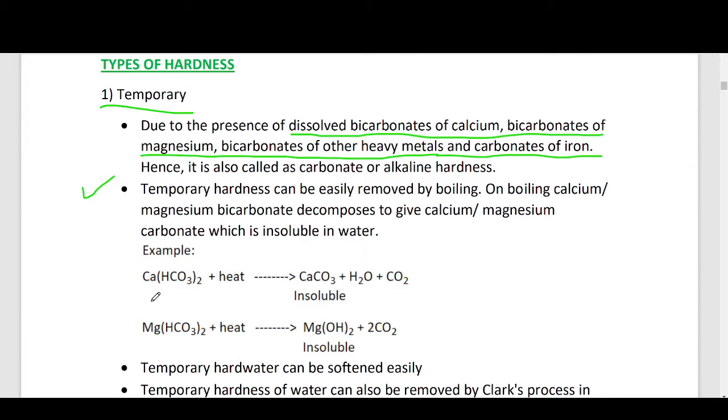This is calcium bicarbonate, and it decomposes to CaCO3, which is insoluble. This CaCO3 can be easily precipitated or filtered off, leaving water free from temporary hardness. Same is the case with magnesium bicarbonate, which decomposes to form magnesium hydroxide plus 2CO2 as well. This is insoluble and can be filtered off easily. This is one method to remove temporary hardness.